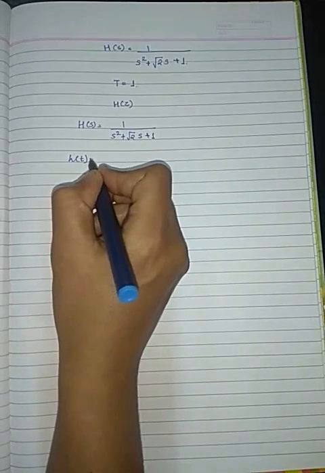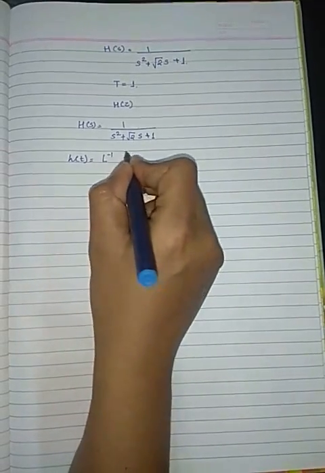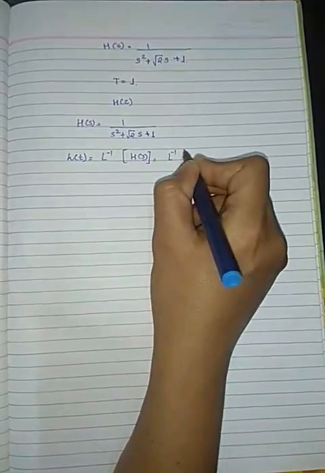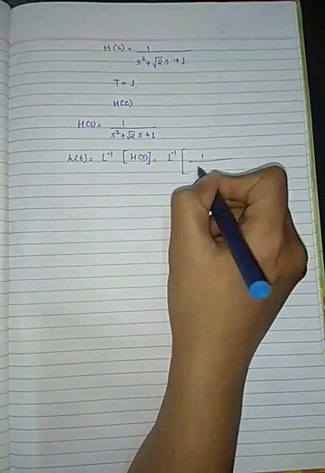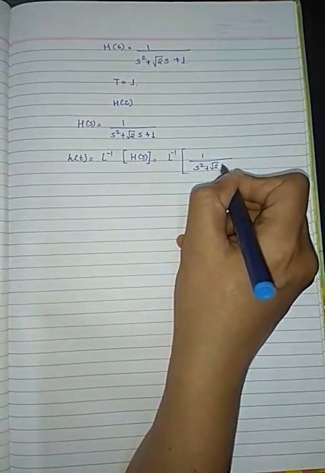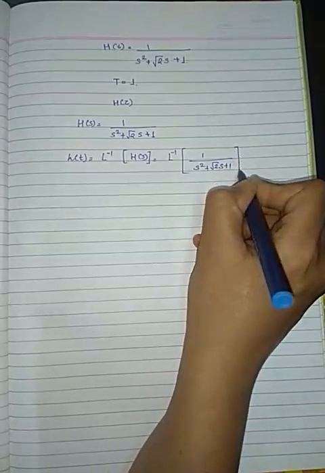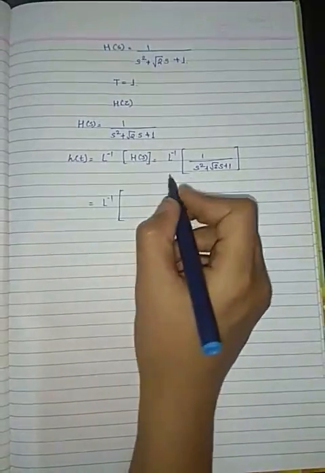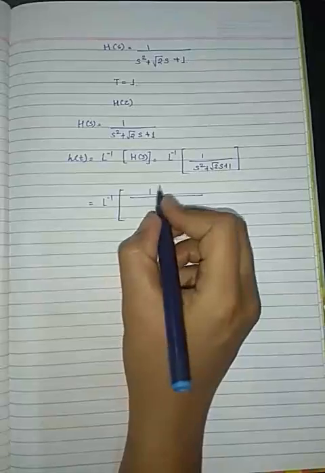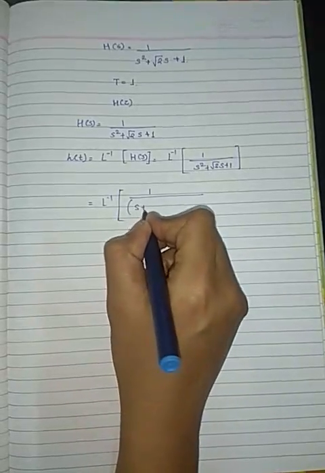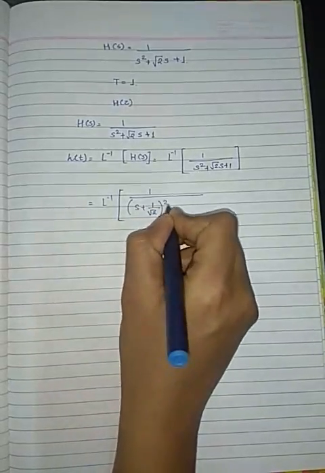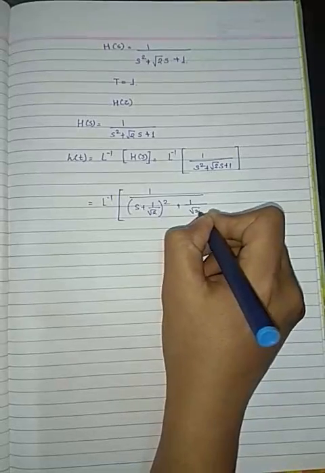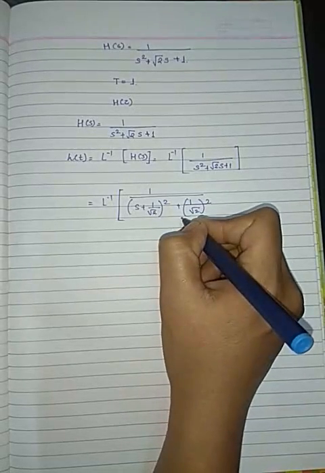So H of t is nothing but the L inverse of H of S, which is nothing but the L inverse of 1 divided by S square plus square root of 2S plus 1. So it will be the inverse Laplace transform of 1 divided by (s plus 1 by square root of 2) bracket square plus (1 divided by square root of 2) bracket square.